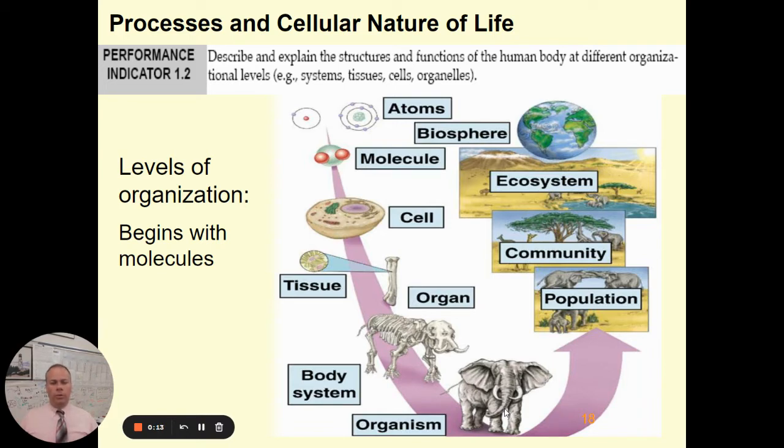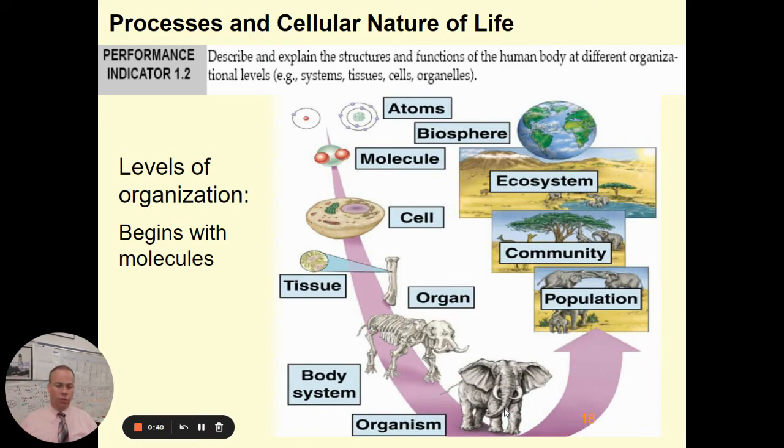When we think about life, we can think about all the different scales of life. From the very simplest, atoms and molecules are not alive, but they do combine to form this basic unit of life, which we call a cell. Then cells can work together. They can form tissue. Tissues work together to form organs.